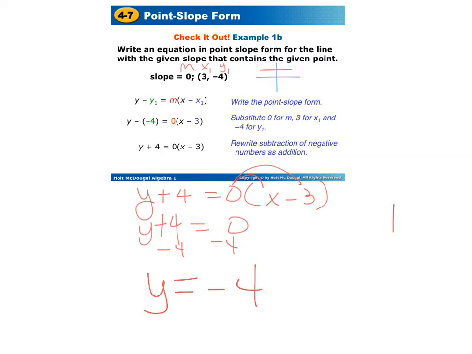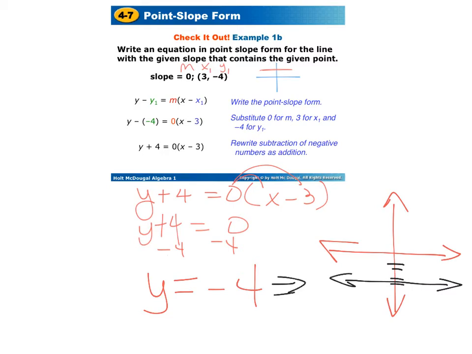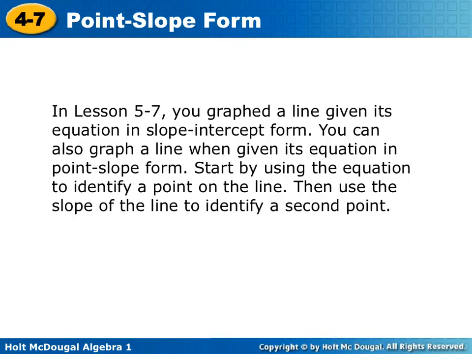So if I were to graph this, it's just going to be that horizontal line through -4. That would be the graph of y equals -4. Pretty good on that? It will be a horizontal line.